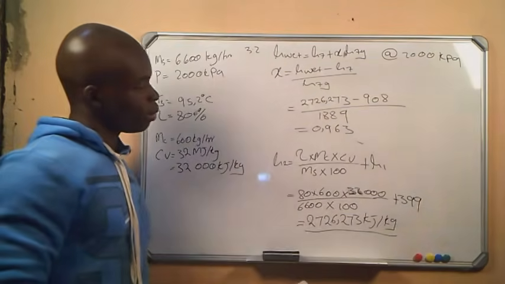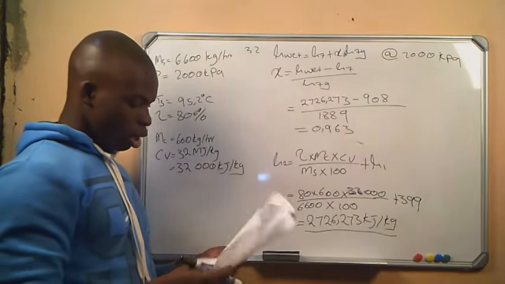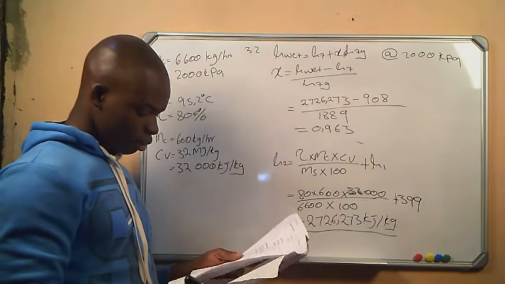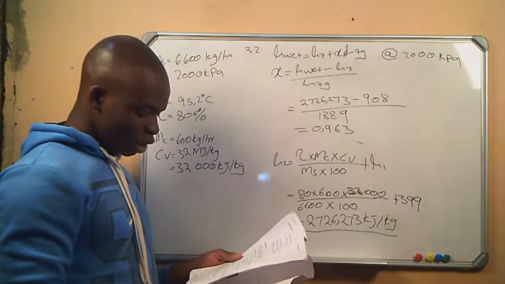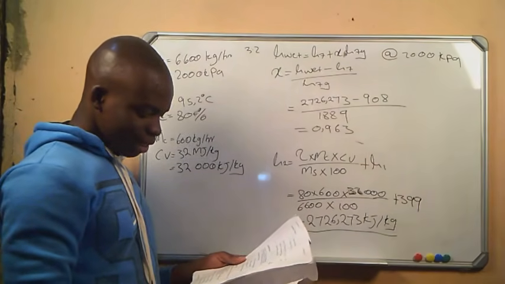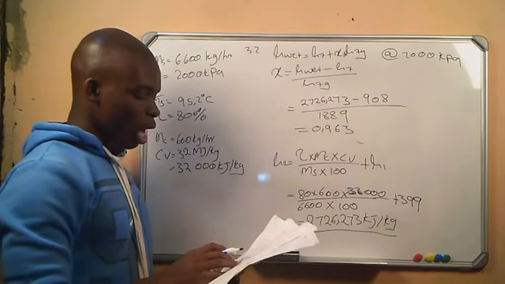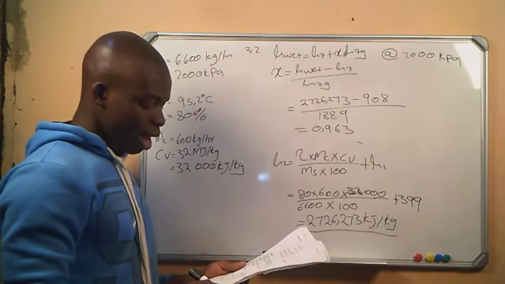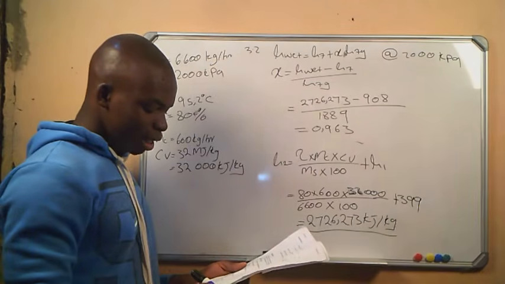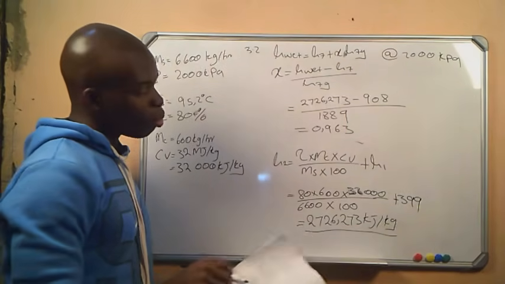And then we are done with our second question. Now our third question, they say calculate the quantity of heat absorbed by steam in the boiler.